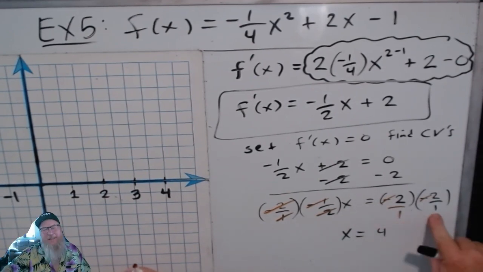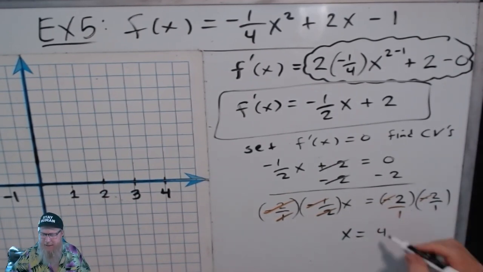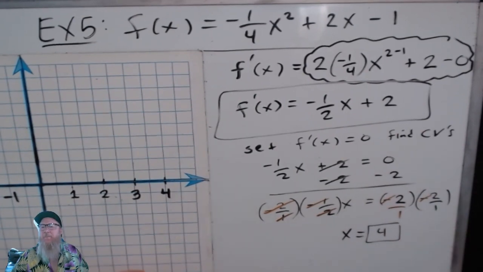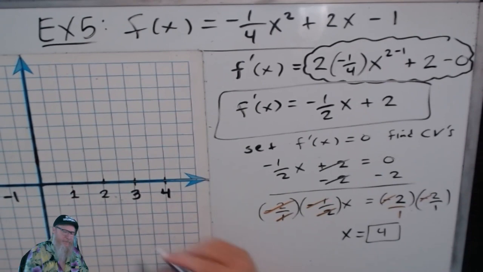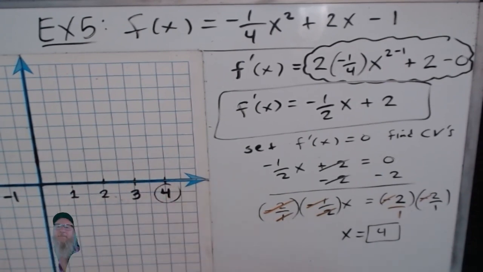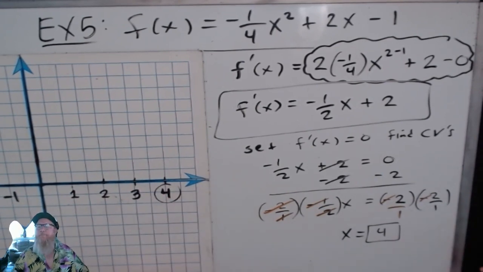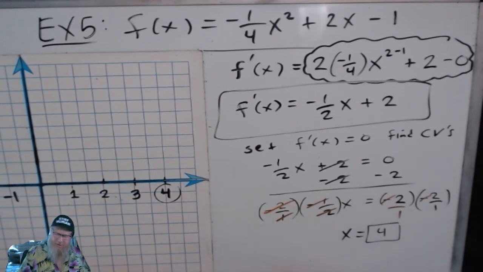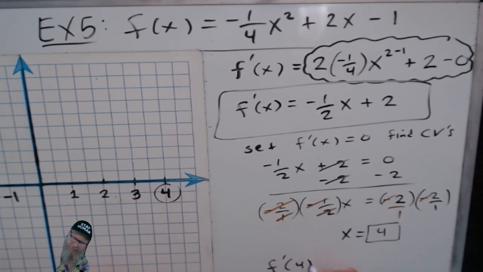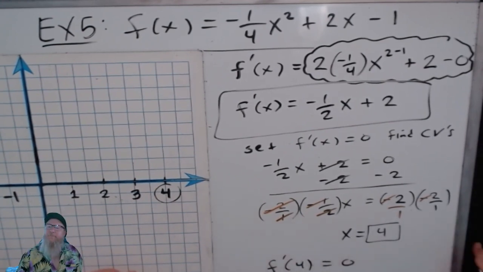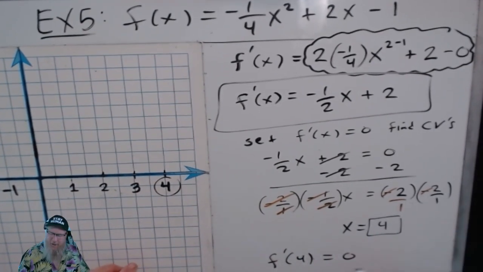Technically it's 4 over 1, but I'm not going to write that. I'm just going to say x equals 4. So that's my critical value. Now, I don't know anything else about it except that it's critical. In other words, f prime of 4 is equal to 0. That's all I know for now.